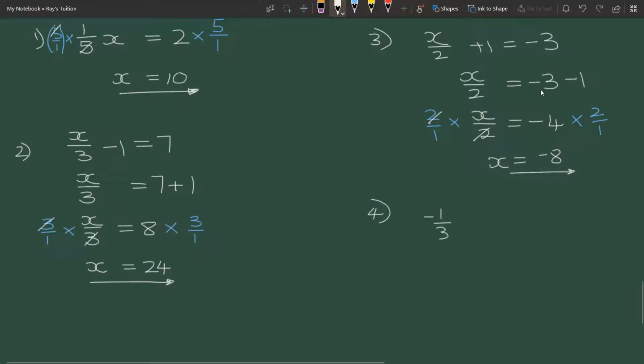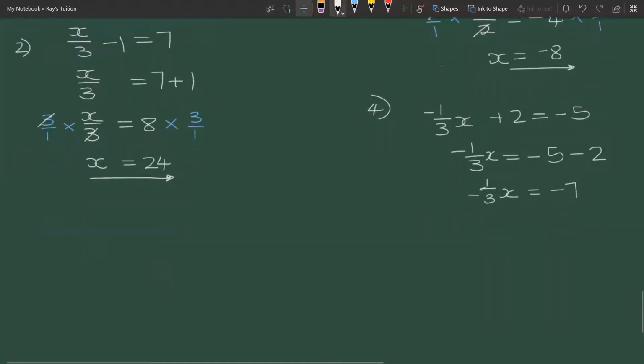Minus a third x plus 2 is equal to minus 5 is the next question. First, we take over the 2. So the minus 5 was there, and when we take over the 2, it becomes negative. So we have minus a third x is equal to negative 7, and we would like to get rid of the negative a third.